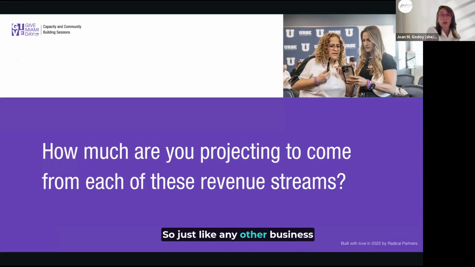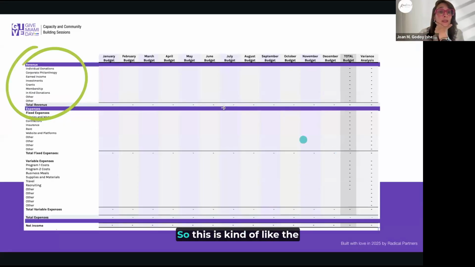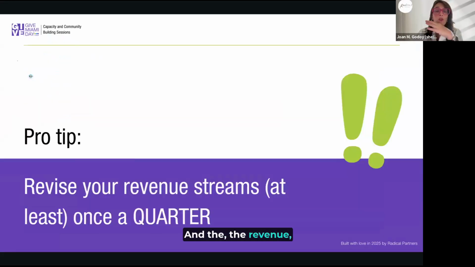So just like any other business in other sectors, you need to understand where the money is coming from so that you can target or tailor your approach accordingly. So this is kind of like the upper part of your operating budget, right? And the revenue, you can have it to the top or you have it to the right.